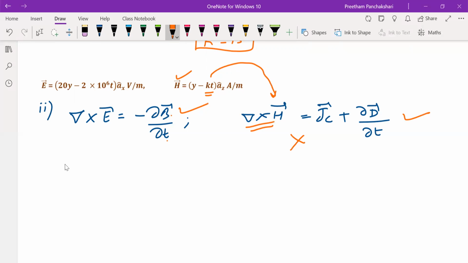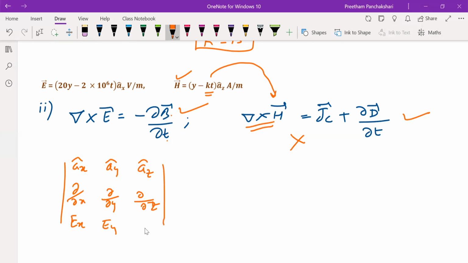Curl E. As I said already, curl E is the determinant which can help you to solve the curl operation easily. Dou by dou x, dou by dou y and dou by dou z. Electric field E on the left side, so Ex, Ey, Ez.